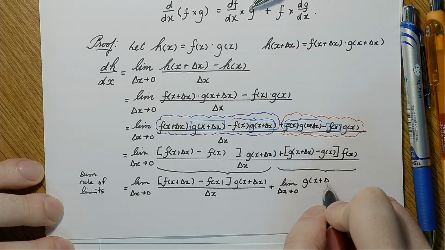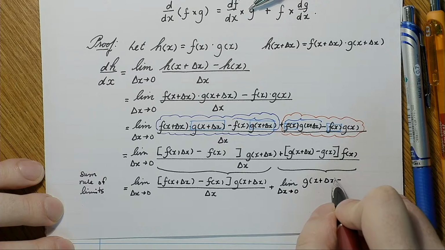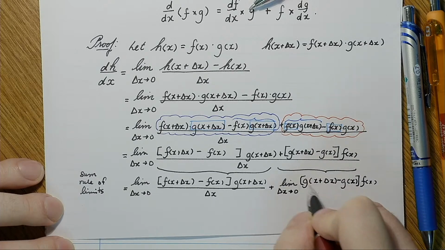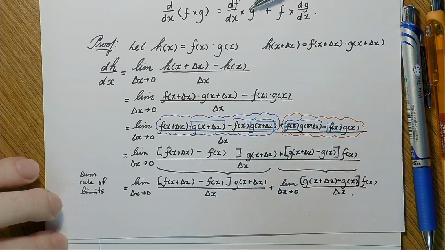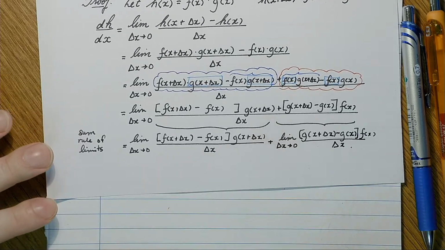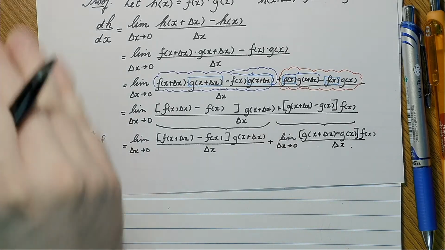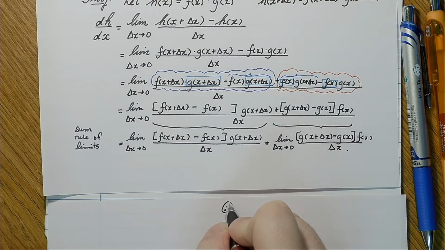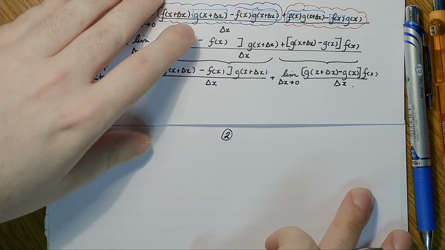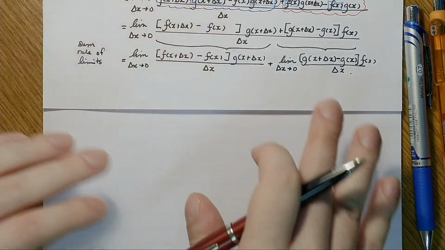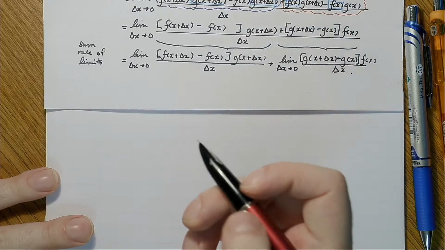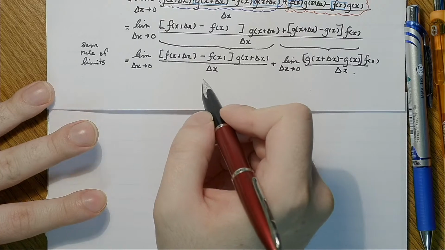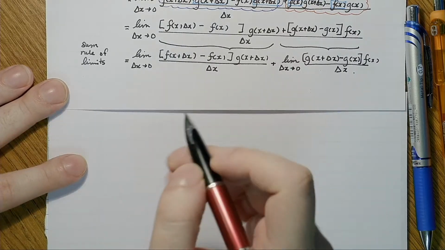And just writing this out again. What else? And then what I'm going to do again is apply the product rule for limits.